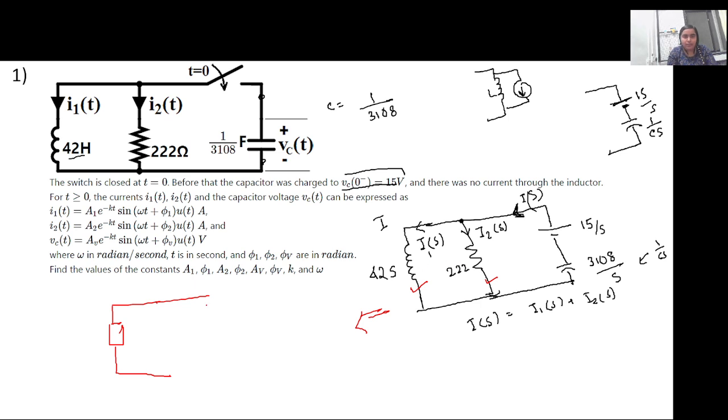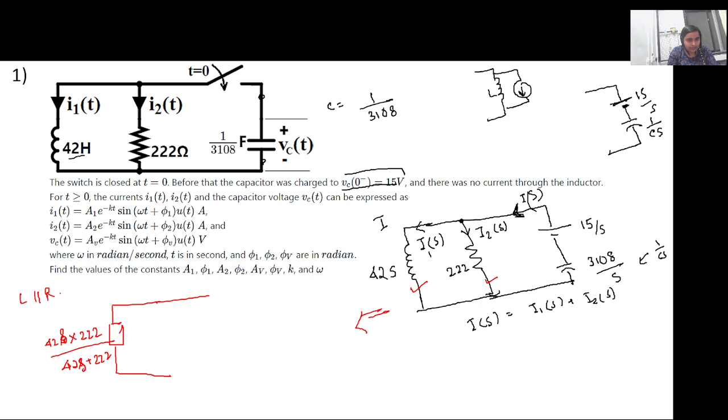if we simplify these two branches, the inductor is in parallel with the resistor, right? So the net Z will be, inductor is 42S into the resistor 222 by 42S plus 222.